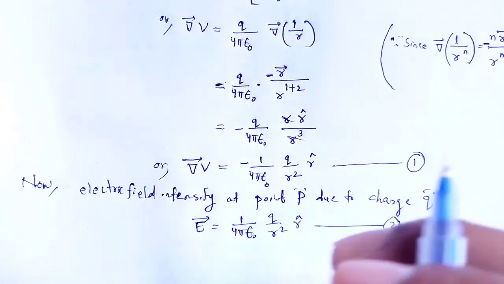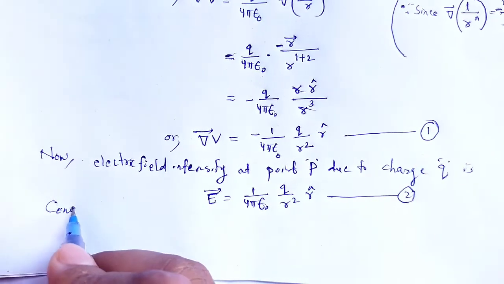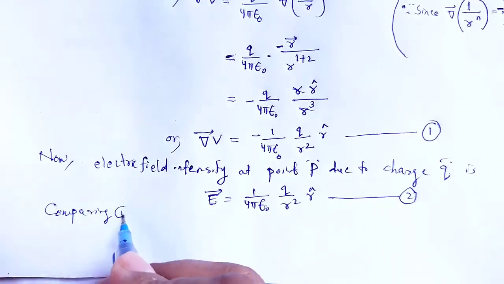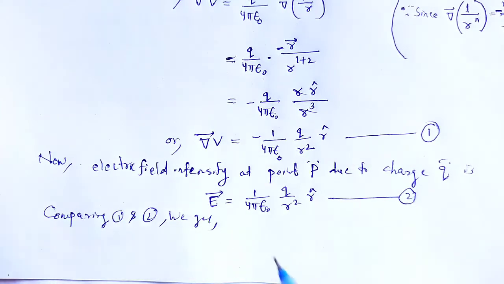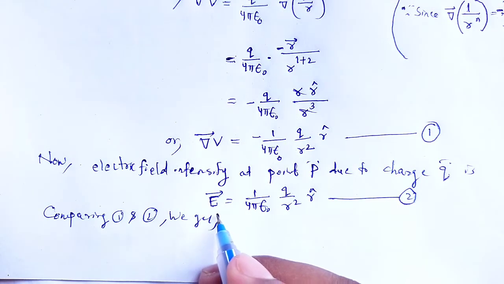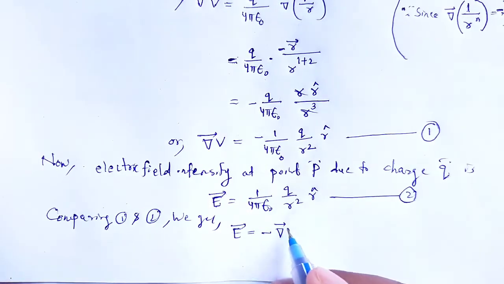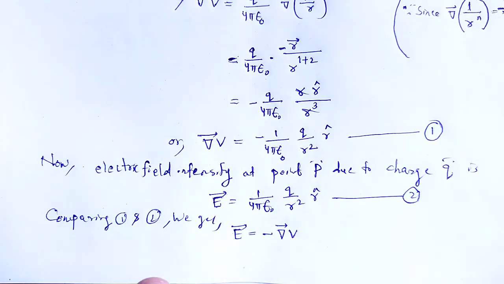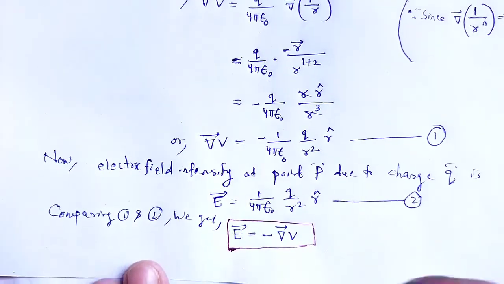Equation number 2. Comparing 1 and 2, we get that electric field intensity is the negative of potential gradient, E is equal to negative of grad V.